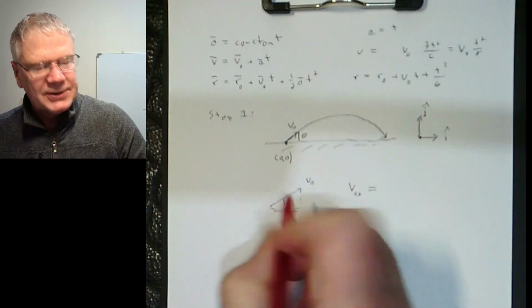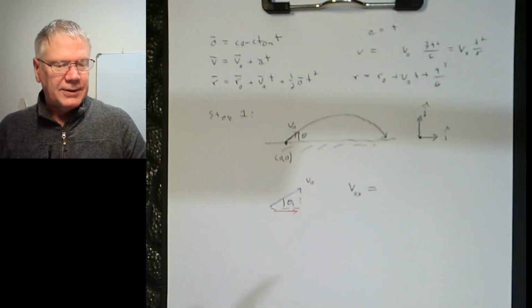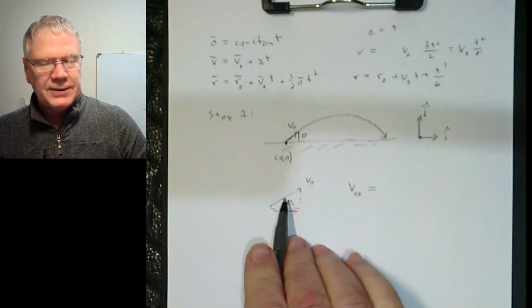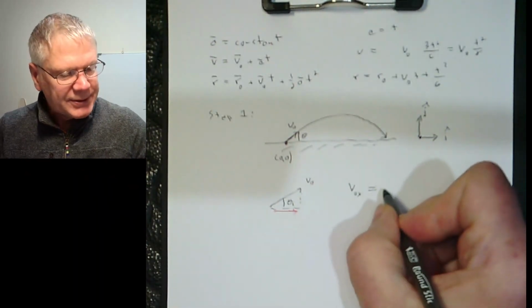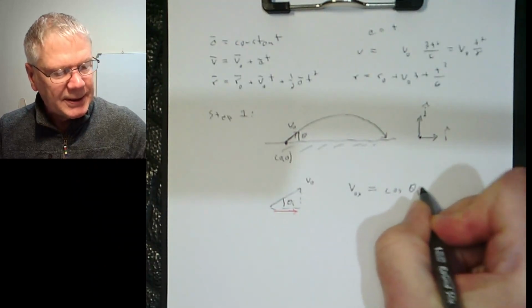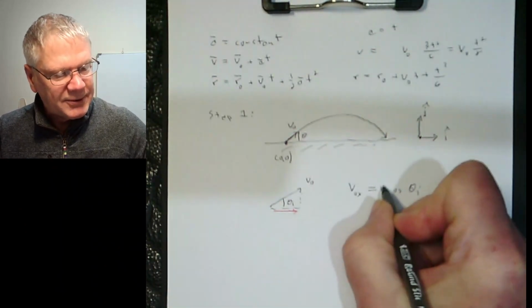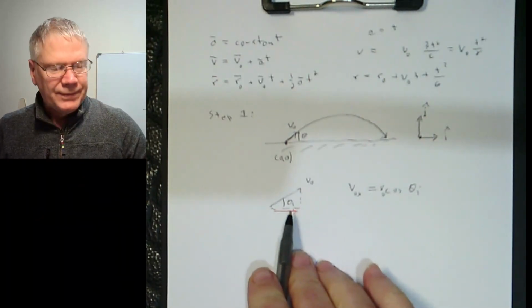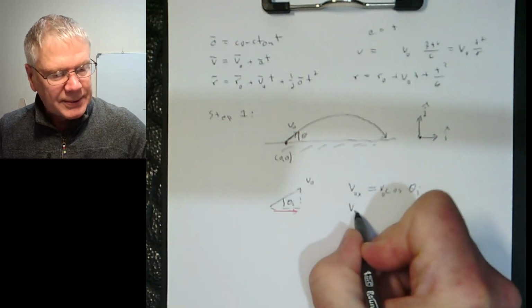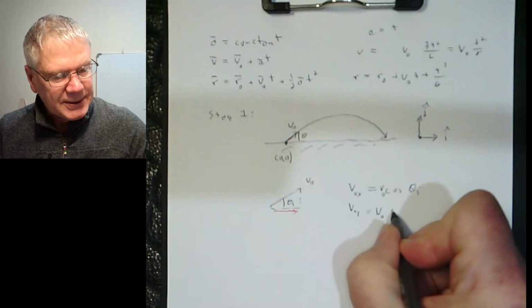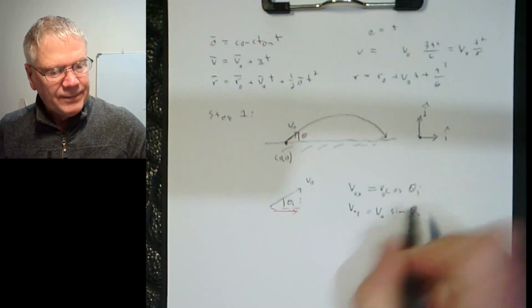This is as much trig as you need to know. Right angle trigonometry. Cosine of theta is the adjacent side over the hypotenuse. So this will be cosine theta initial times v0. So it's this side times cosine theta. And the y component will be the hypotenuse times sine theta.